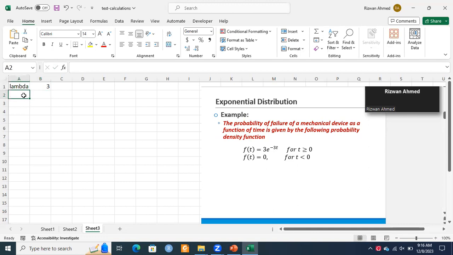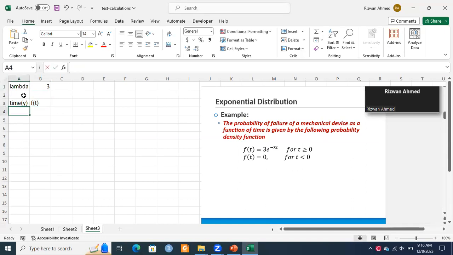And so let's define the time scale. We can consider that for this device, for example, the time is in, say, years, right? And then I plot here f of t, the density function.